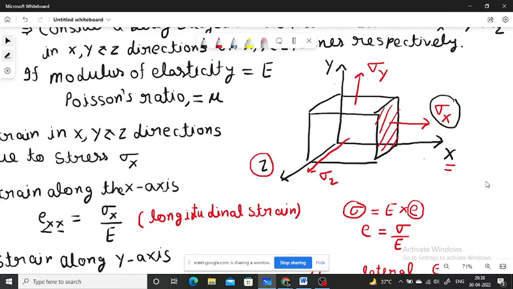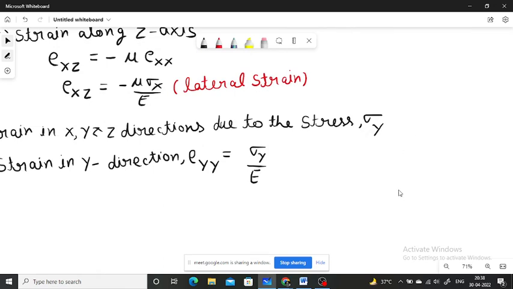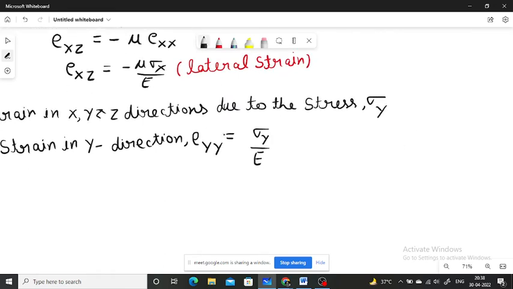And the strain along the x-axis due to the stress sigma y will be the lateral strain, and similarly the strain along the z-axis due to stress sigma y will also be the lateral strain. So here Eyy is equal to sigma y by E, which is longitudinal strain.